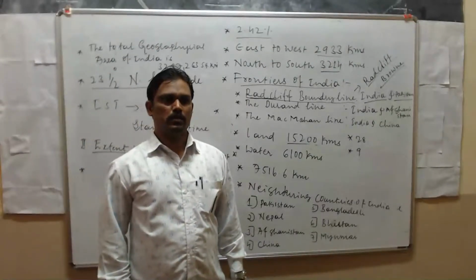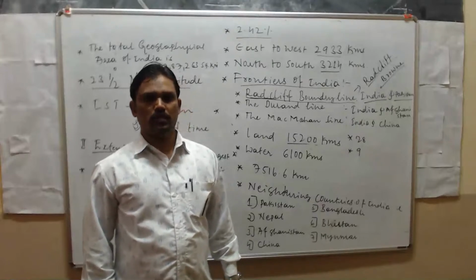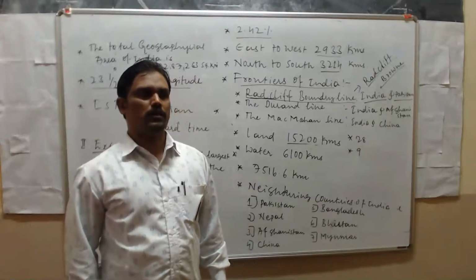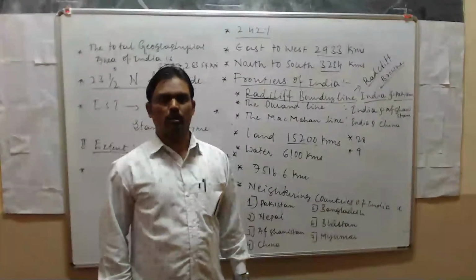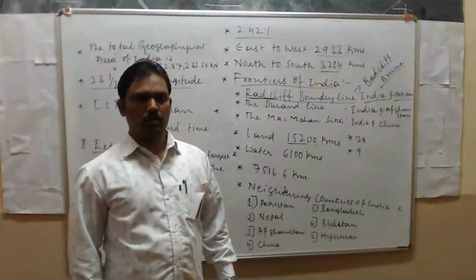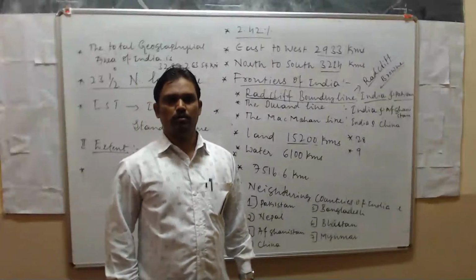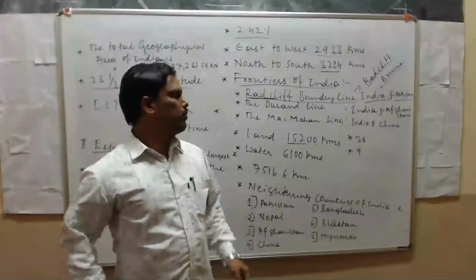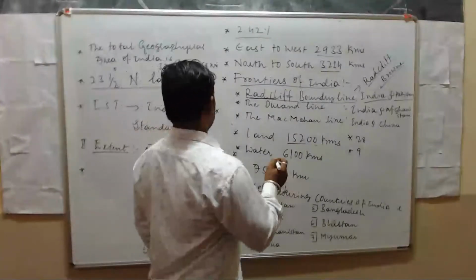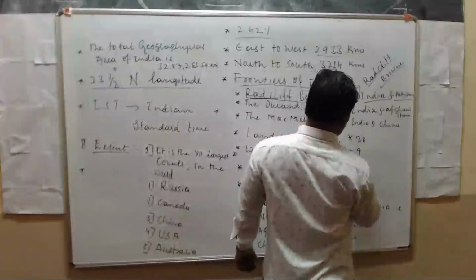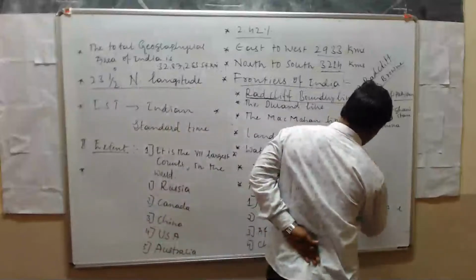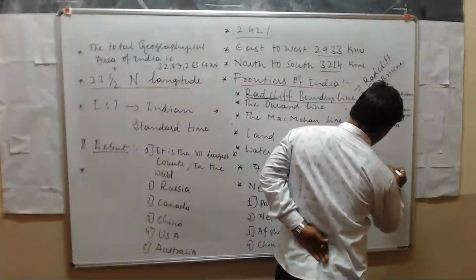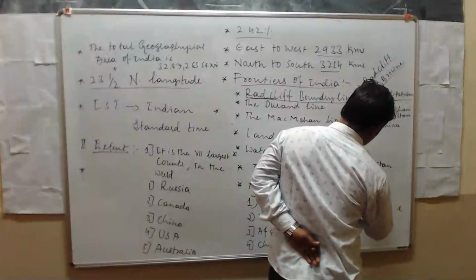Which is the highest populated state in India? That is Uttar Pradesh. It has 19.9 crores according to the 2011 census.